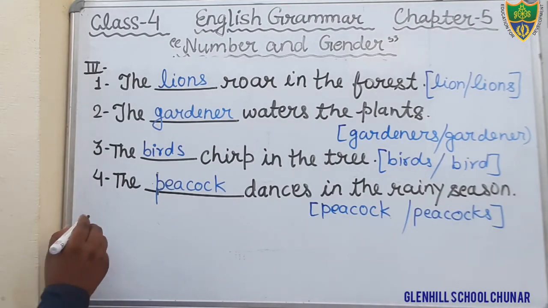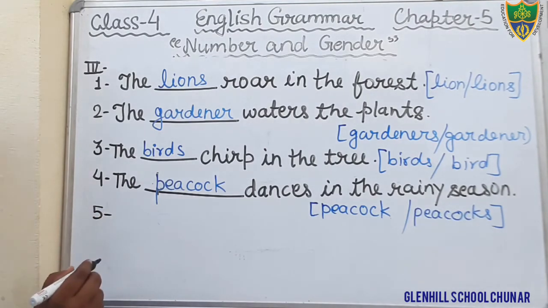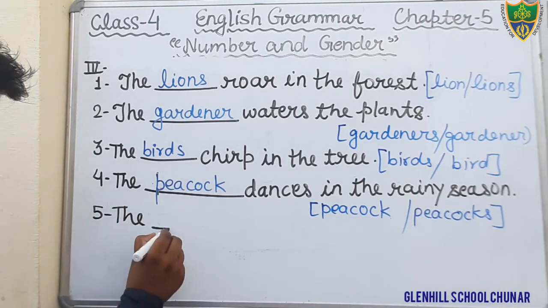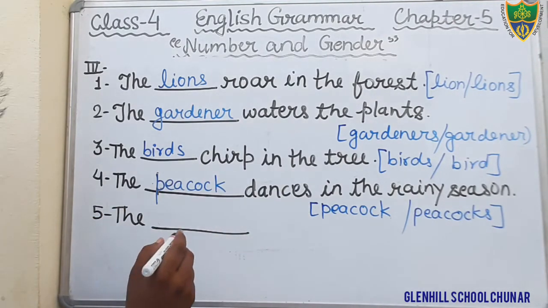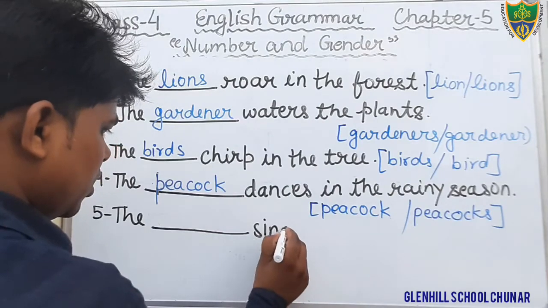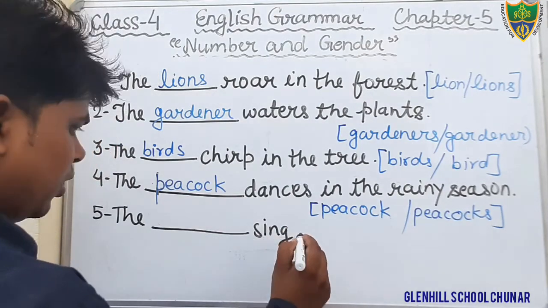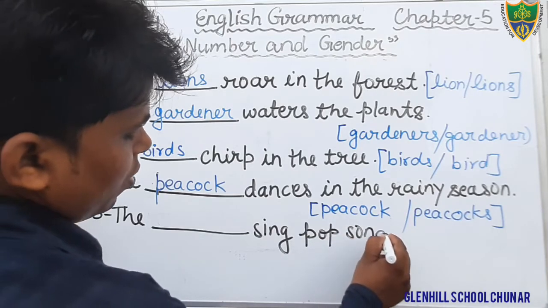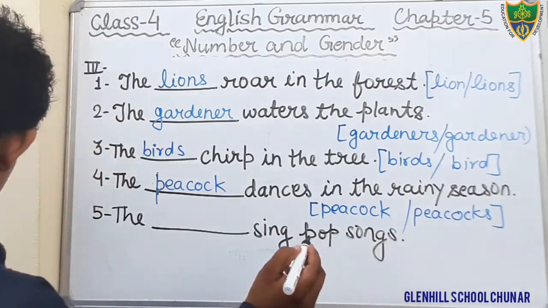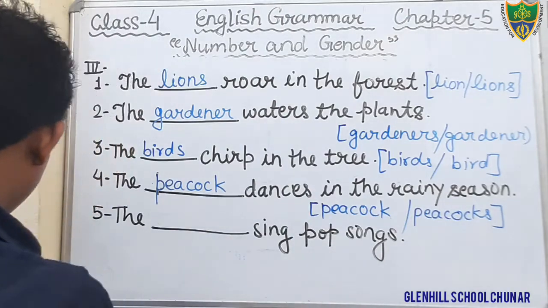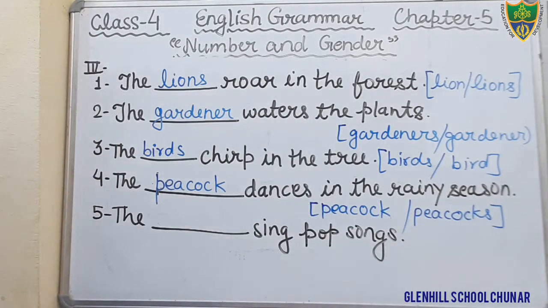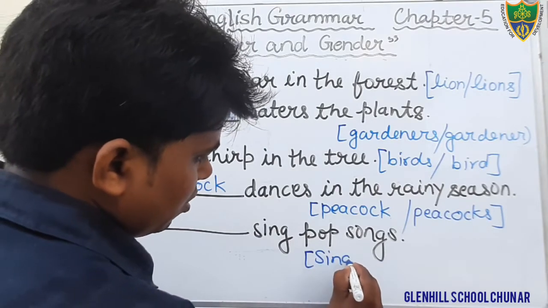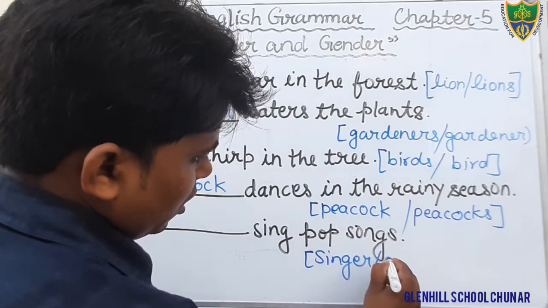Last question, question number 5. The blank sings pop song. Here in the bracket it is written singer and singers.